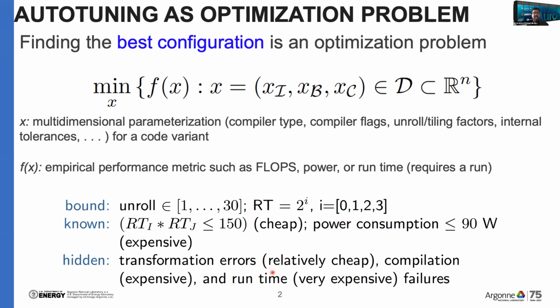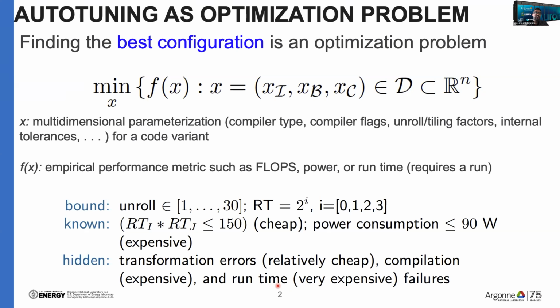But let's say the code is transformed very well, but then at the compilation level, it fails, then it becomes expensive. And finally, there is also runtime, which is a lot more expensive, because if you transform the code, you pay the cost, compile the code, you pay the cost, and then finally during runtime, it just fails, either with an out of memory error or some other type of runtime error that creeps in.